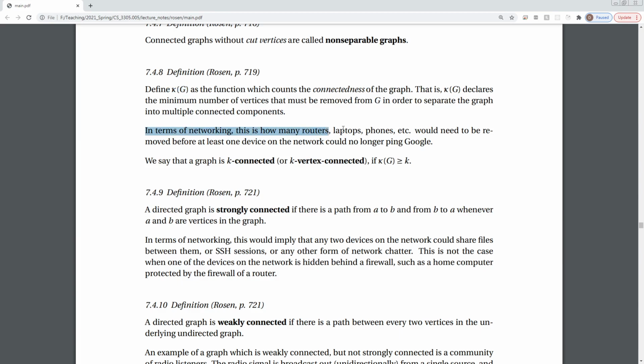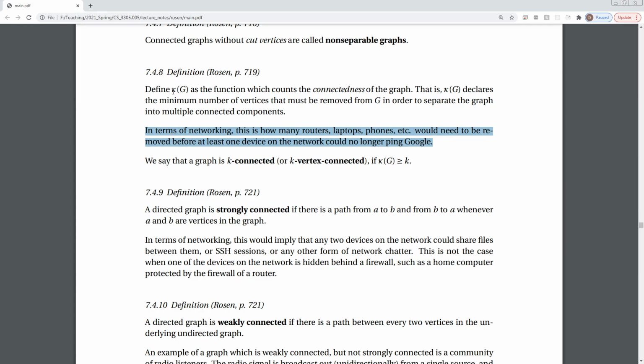So in terms of networking, this is how many routers, laptops, phones, etc. would need to be removed before at least one device on the network could no longer ping Google. If you're tethering through a cell phone, and your phone battery dies, then you lose internet.